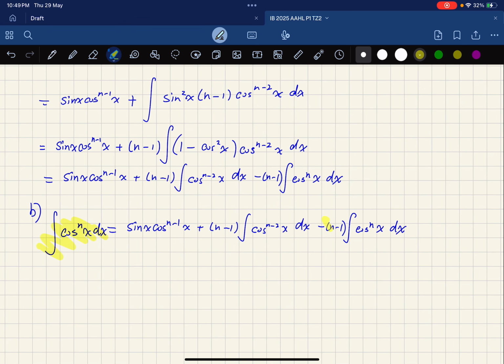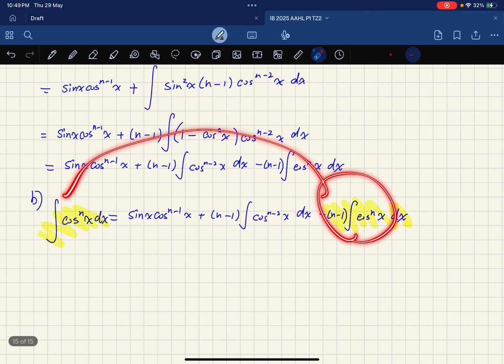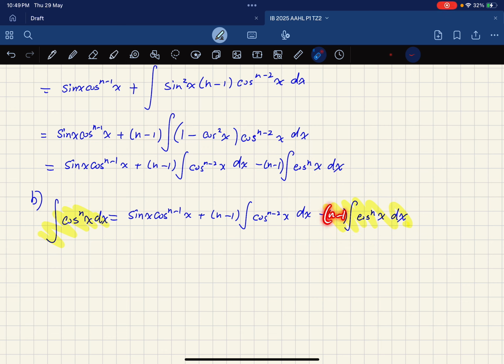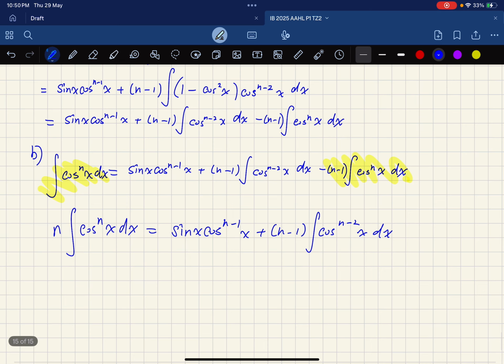This and this are like terms, so you can combine them together by moving this to the left. So this is like a 1, right? 1 plus n minus 1, so that's n. So therefore you get this equal to the right-hand side. And then we'll divide both sides by n, and that should be the end of this question.